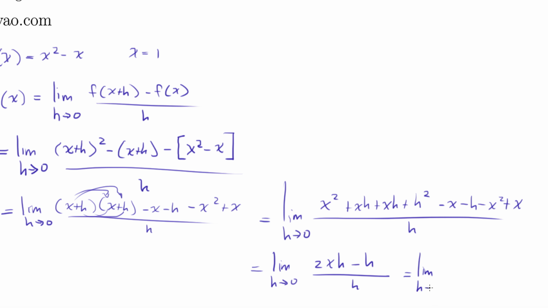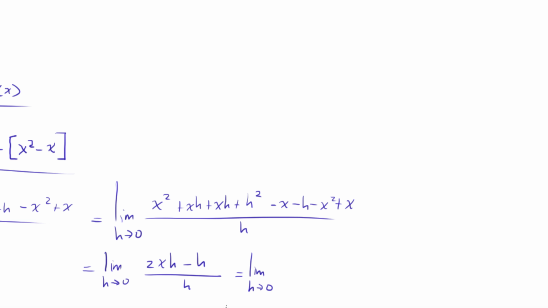Now, this is just a regular limit problem. Here, in order to get rid of the 0 over 0, we factor the h. So h times (2x plus h minus 1) over h. We get rid of the h's. So you're left with 2x minus 1. The limit when h approaches 0 of 2x minus 1 is just 2x minus 1.